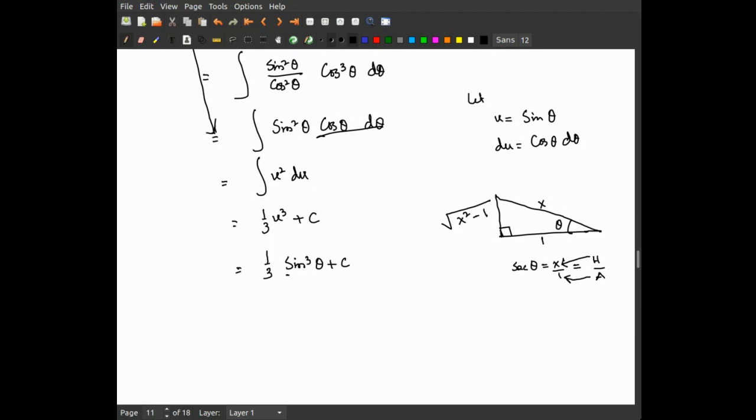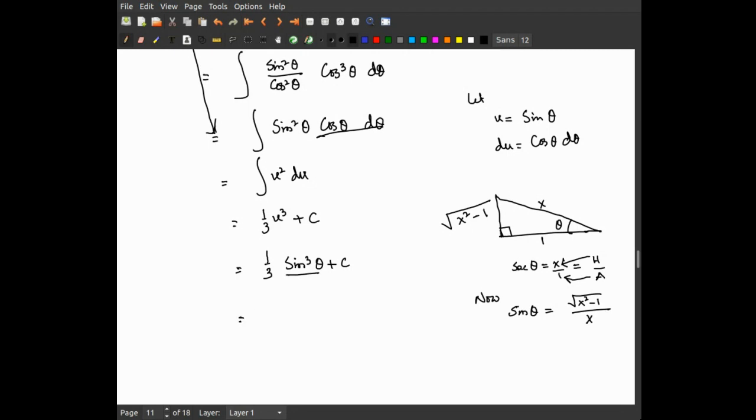Now our goal is to find sine theta, not secant theta. Sine theta, in terms of hypotenuse and opposite, is opposite by hypotenuse, right? Opposite is square root of x squared minus 1 and hypotenuse is x.